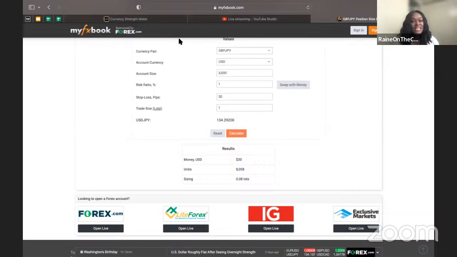So imagine if you risk 5% of your account trying to make 5%. You lose that one trade, you already lost 5% of your account. So you want to risk 1% to grow your account 2% or 3%. Make sense?